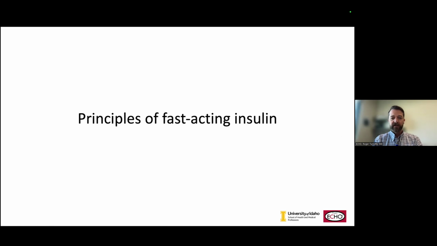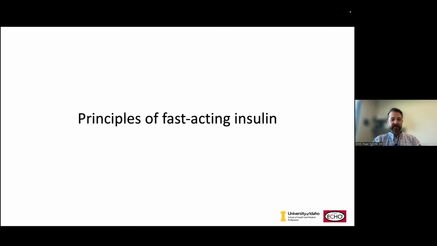So I always like to talk first about principles of fast-acting insulin. My hope is that what's going to come after this will be so basic for everybody that this is just automatically things that you know.